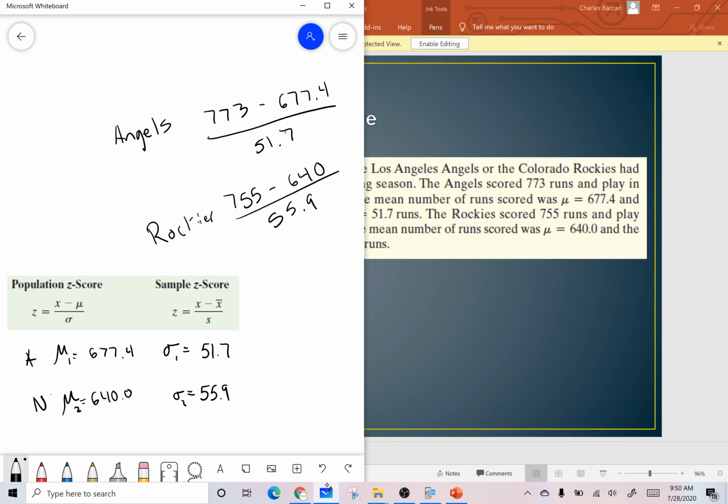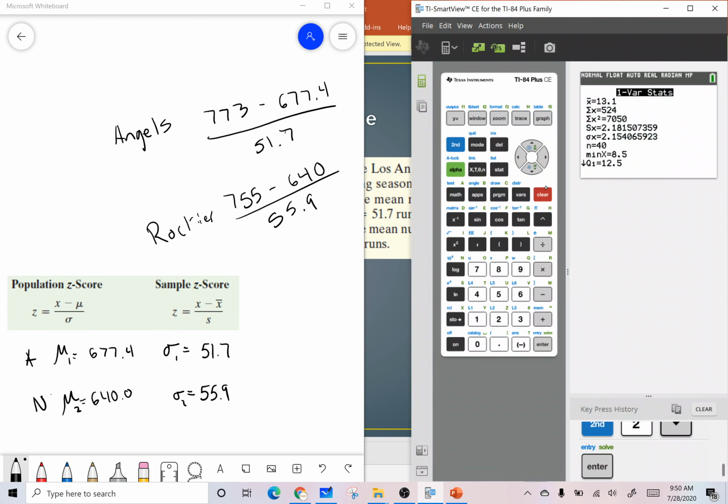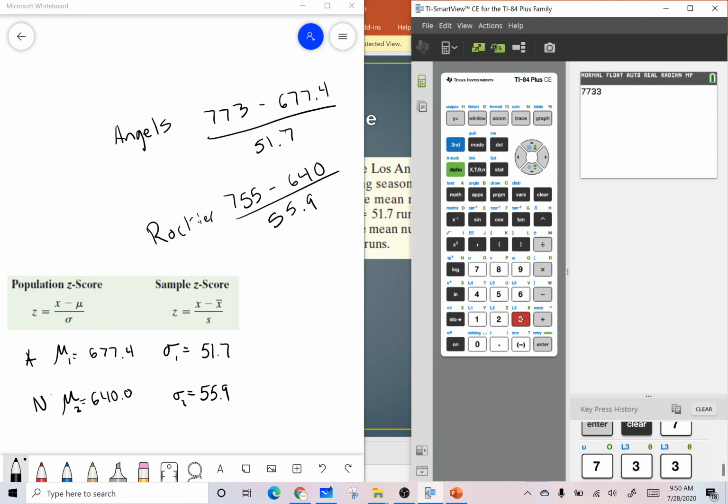So if we go and do that math, we have 773 minus 677.4 divided by 51.7, and we get 1.85.